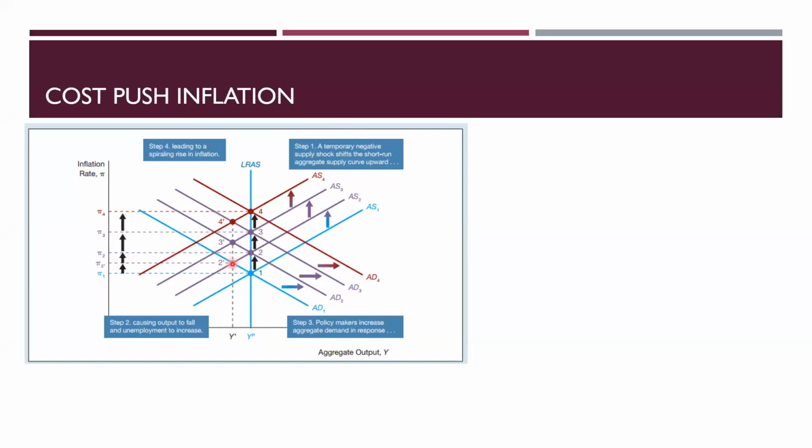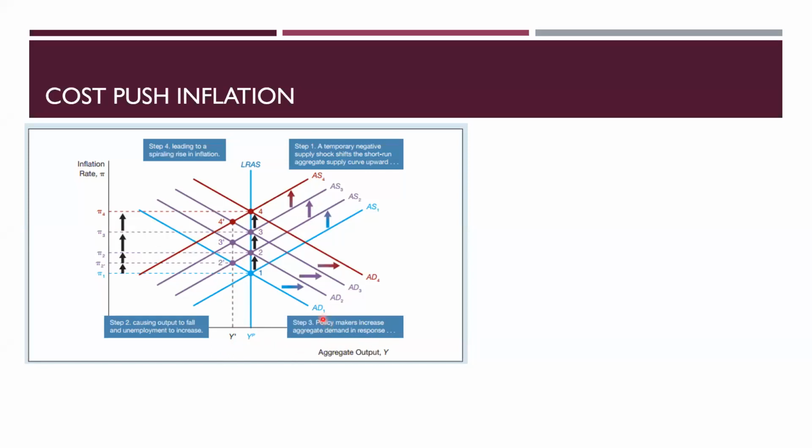But the government might not just watch this happening. Step number 2, it causes output to fall and unemployment to increase. Step number 3, policymakers increase aggregate demand in response to the supply shock, so that they correct the output instability and we go back to our potential level.